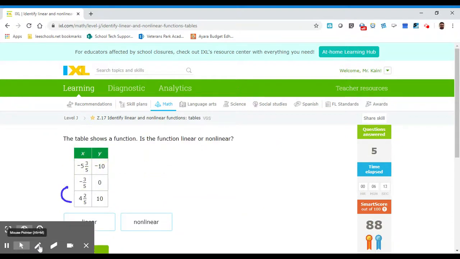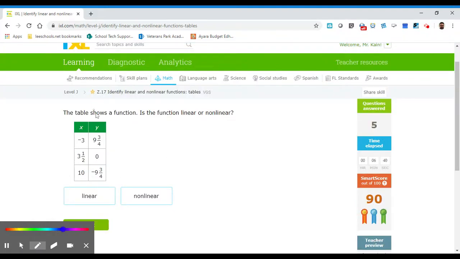All right, let's jump up another level. We'll do one more. All right, in the challenge zone, okay, we're in 90. So let's do what I said before. Start with a larger, subtract. 9 and 3/4 when we subtract, right? 9 and 3/4 minus 0 is 9 and 3/4.